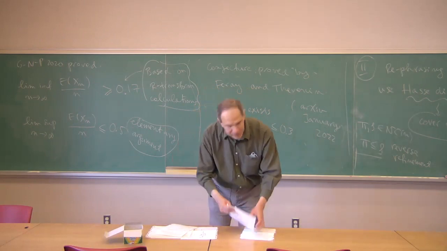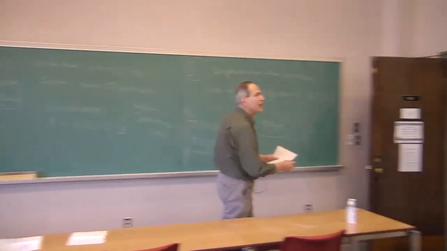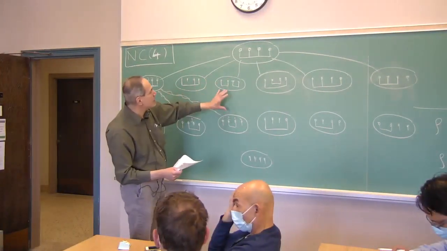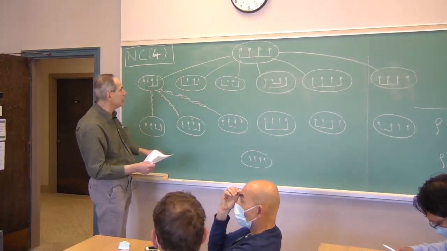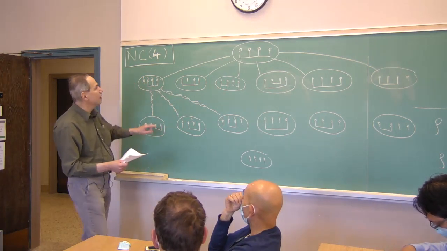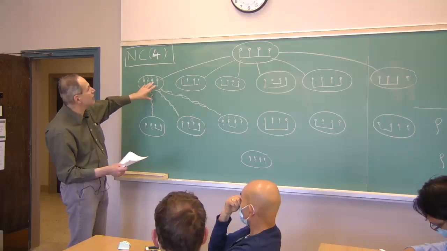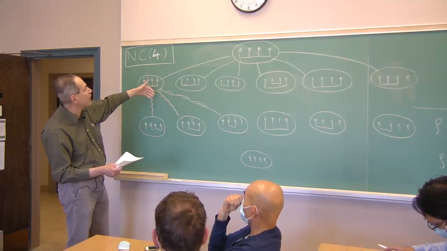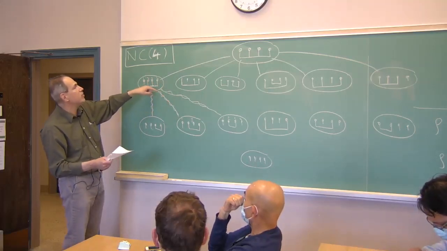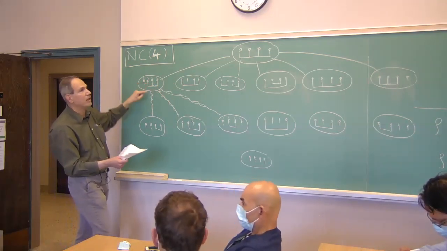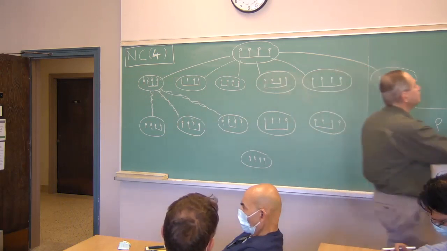Okay. And if you have two elements in the Hasse diagram, you can measure the distance between them, as you usually have the distance between two vertices of a graph. I'll call this d sub h.